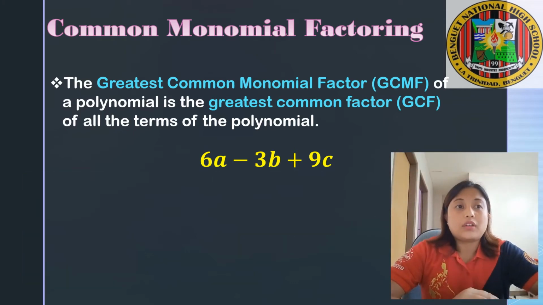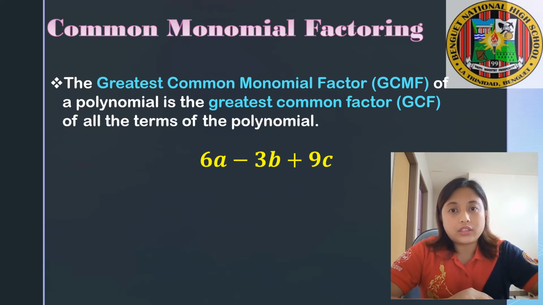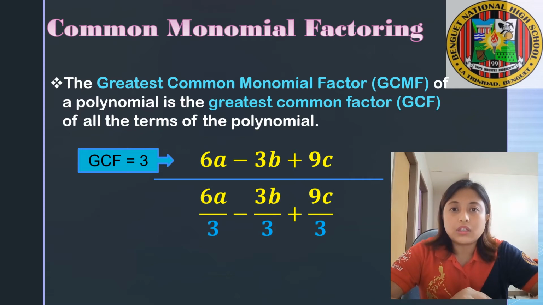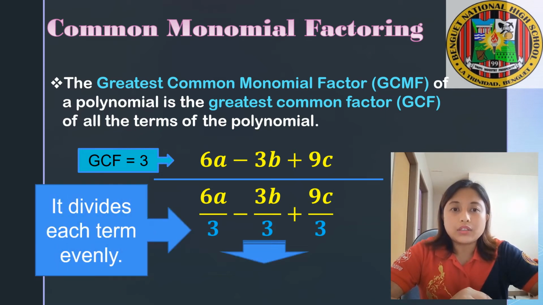The GCMF should also divide each term evenly. Here in our example, we solve that the GCMF of the trinomial 6a minus 3b plus 9c is the monomial 3. If our answer is correct, then we should be able to divide the trinomial exactly and without remainder into its simplest form, which is 2a minus b plus 3c.